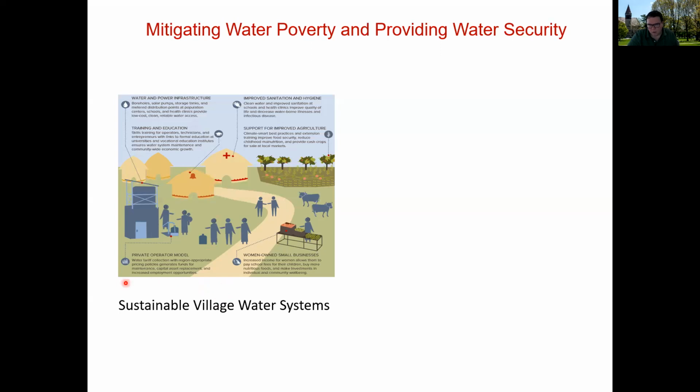So our work at Ohio State, particularly through the Global Water Institute at Ohio State, has been trying to develop a sustainable village water systems model to provide water in the region, where the first goal would be providing water from solar powered pumps. So there's no pollution or carbon footprint of this water supply.